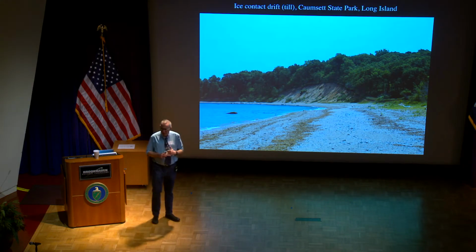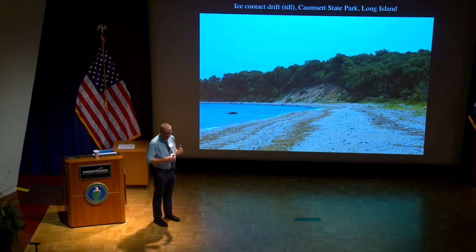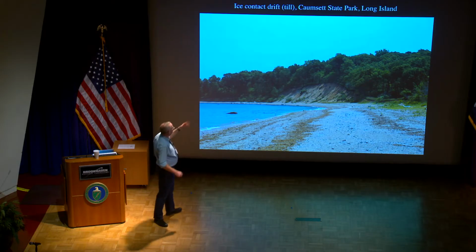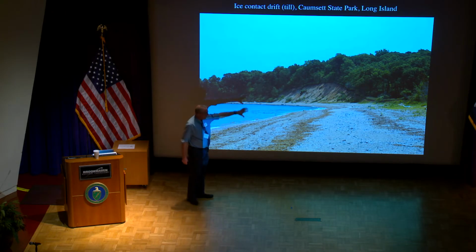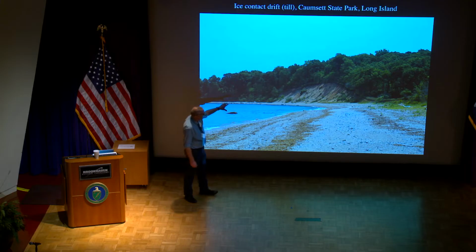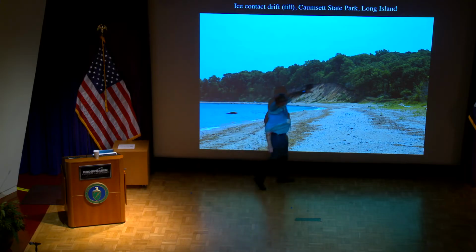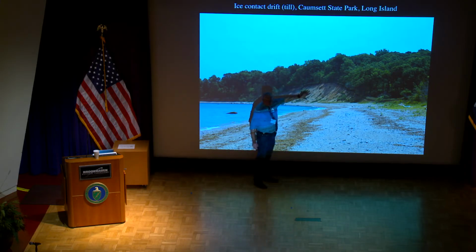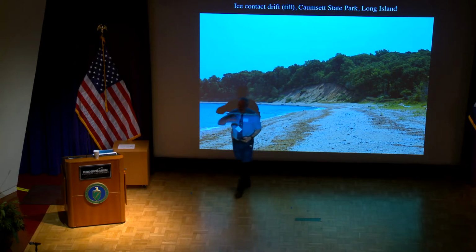In terms of material, glaciers deposit basically three types of material. They deposit this stuff called till, and this is a photograph of the shoreline along Cedar Point State Park, and you can see in the cliff here a good example of glacial till. It's not layered.